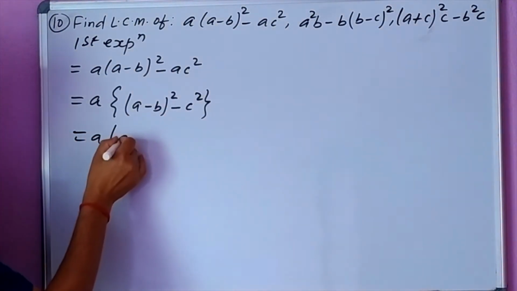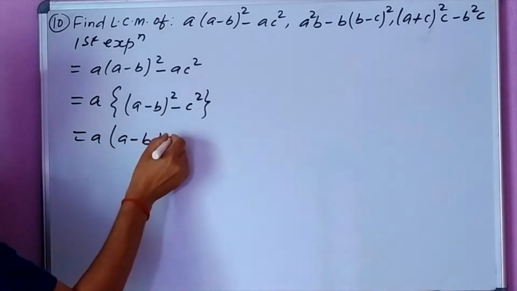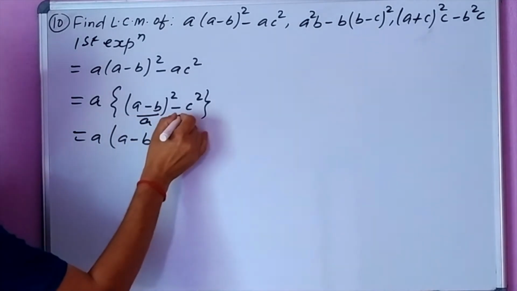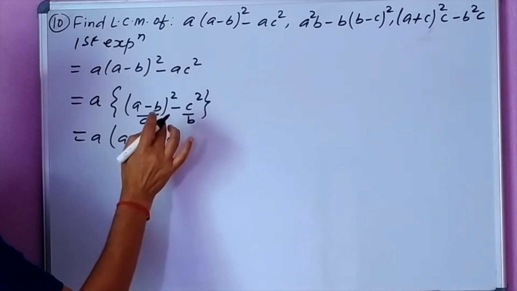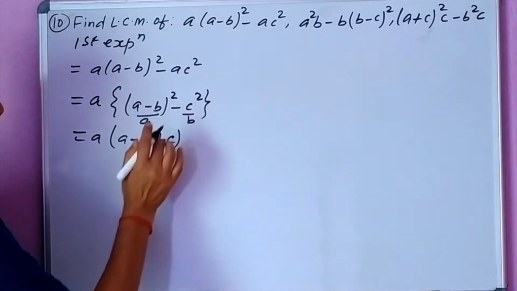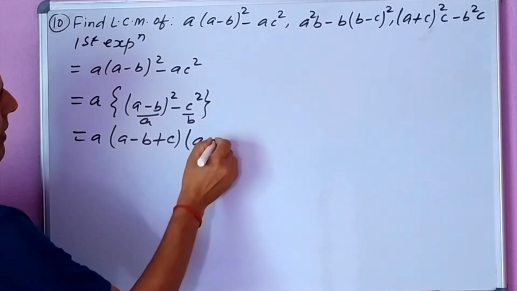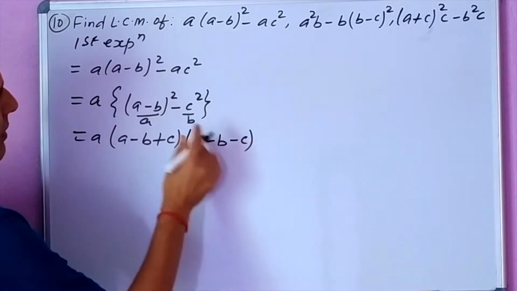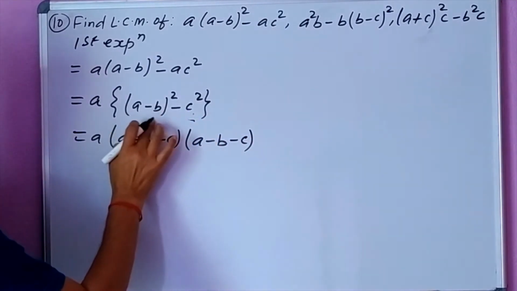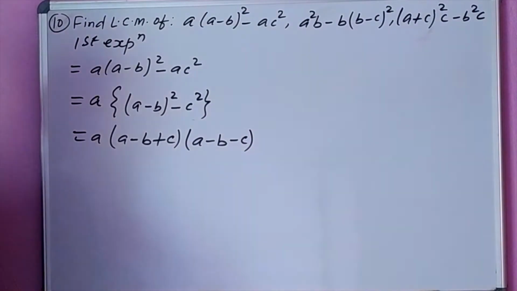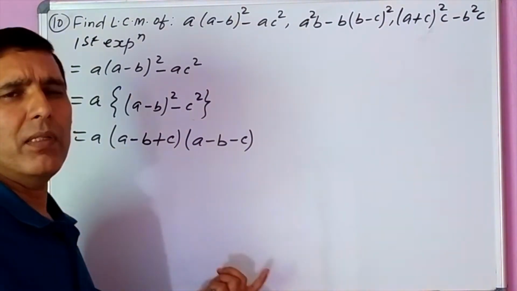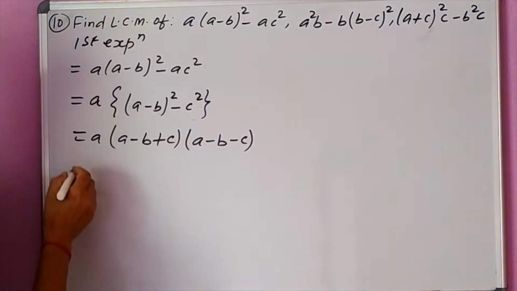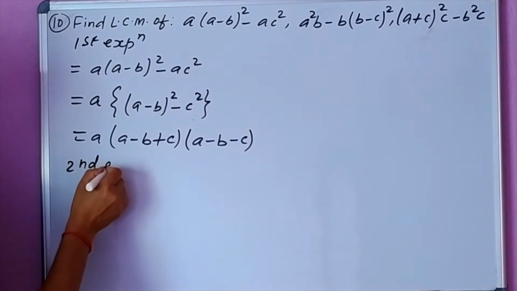So a times (a minus b plus c) and (a minus b minus c). In this way, directly we can use the formula a square minus b square. Finish, so easy.